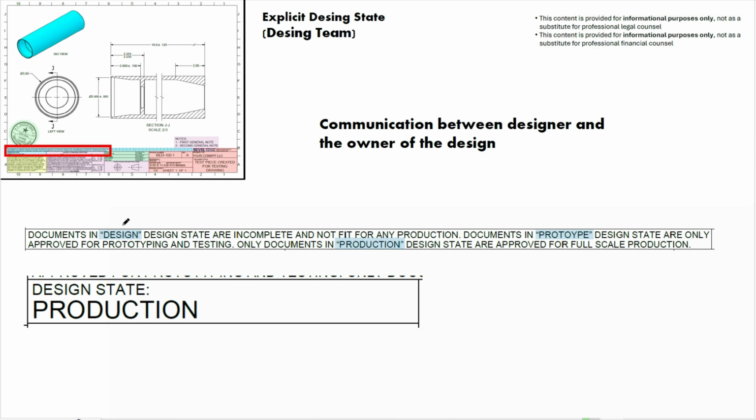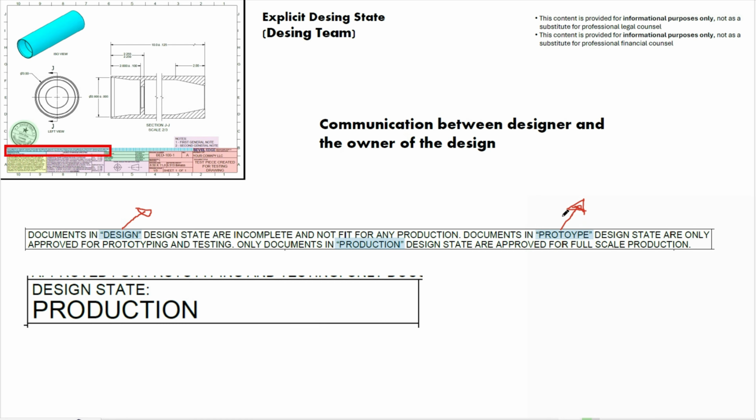So initially a part is in design stage. And this design state means that it's a work in progress. Nothing is defined, nothing is serious. And then as the product gets more refined and the details get together, you want to start prototyping it. So a prototype drawing is certainly a little bit more defined and more detail is added to make sure the prototype works well.